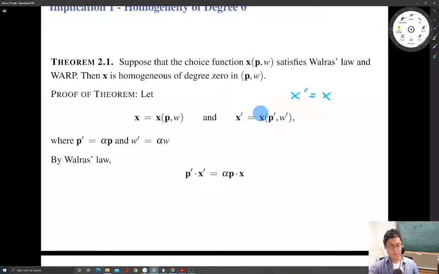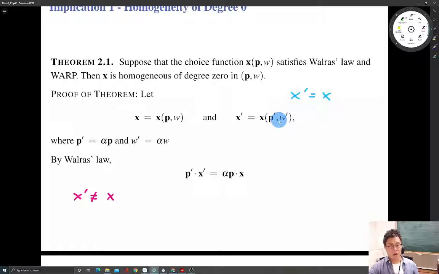The way to prove this statement is, as usual, proof by contradiction. We suppose the contrary, that x prime is different from bundle x, and we are going to derive a contradiction. Because Walras' law is satisfied, let me first apply it to x prime, because x prime is the actual choice under this configuration.